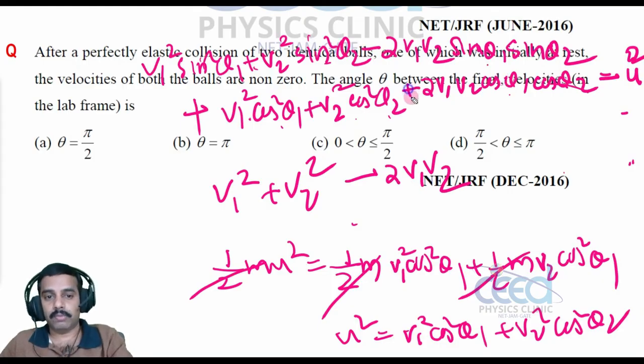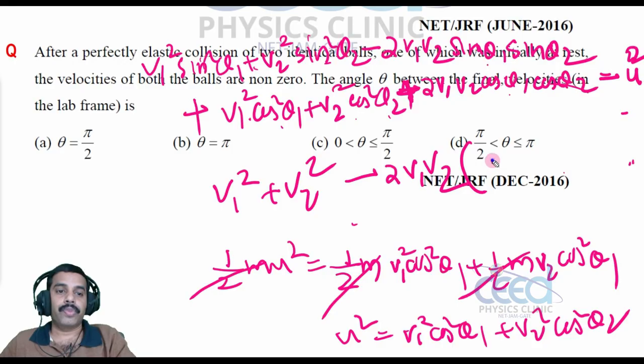So taking minus 2v1v2 out, we have cos theta 1 cos theta 2 minus sin theta 1 sin theta 2, and the result is cos of theta 1 plus theta 2.